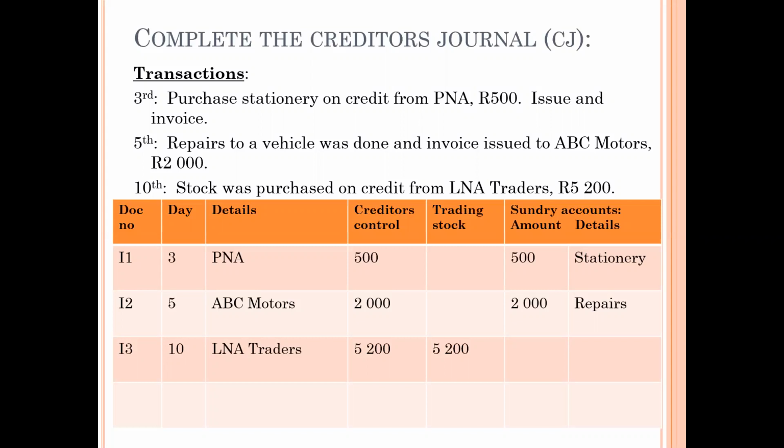I've told you it is stock that we purchased from Makro, 10,000 rand. So 10,000 rand will go to creditors control, and there is a trading stock column, so you will also add the 10,000 rand in the trading stock column.